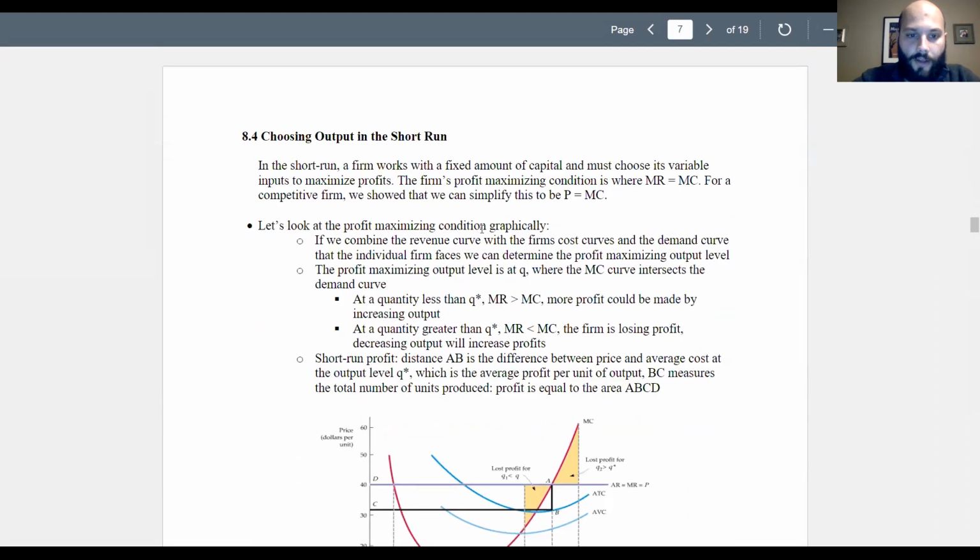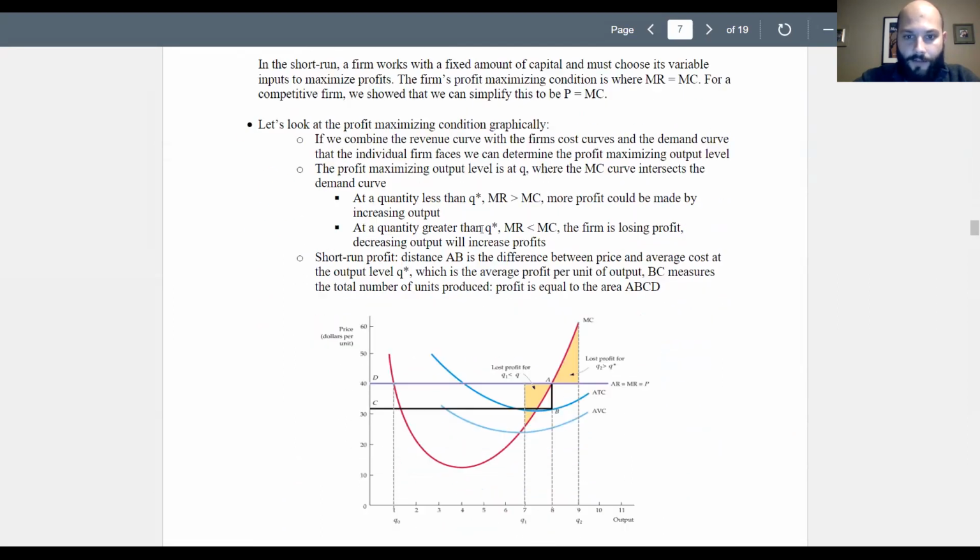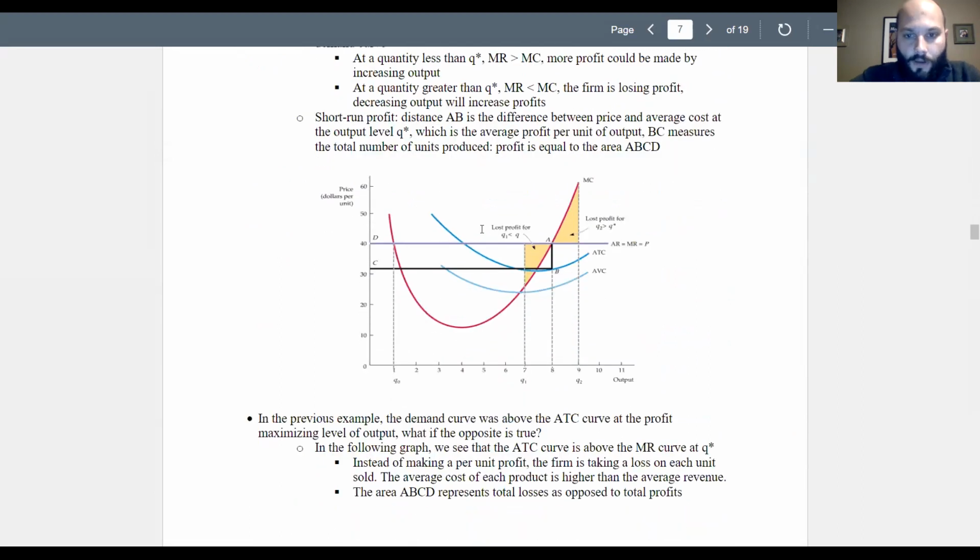So let's take a look at how this works in the short run for a perfectly competitive producer. We know that price equals marginal revenue, and that for a producer the optimal quantity is going to be MC equals MR, or for the perfect competitor, MC equals price.